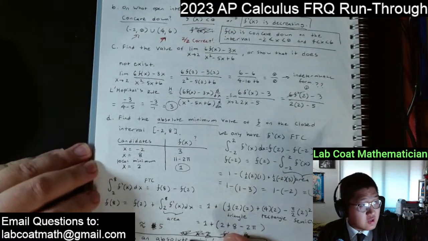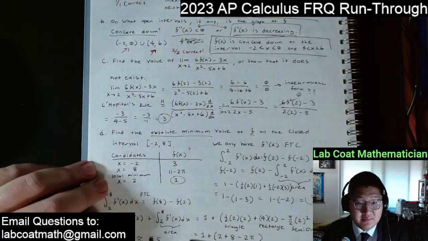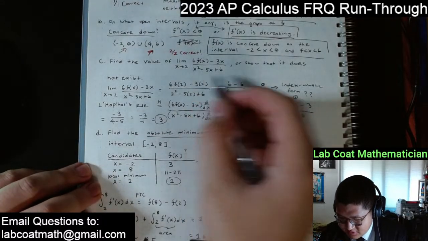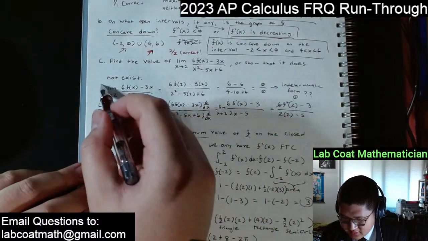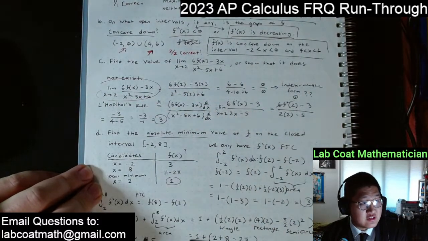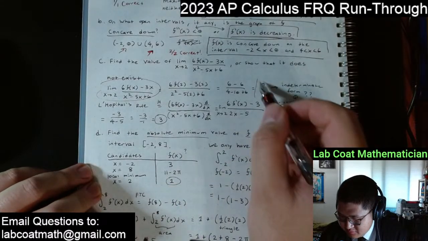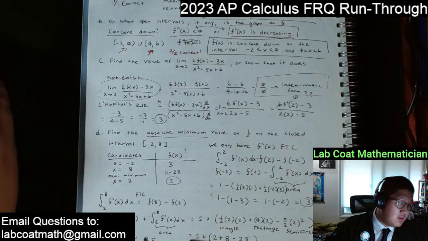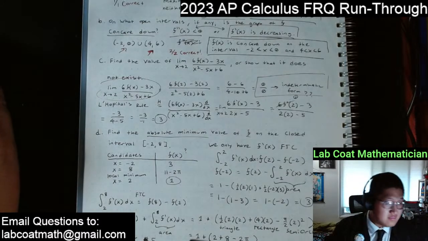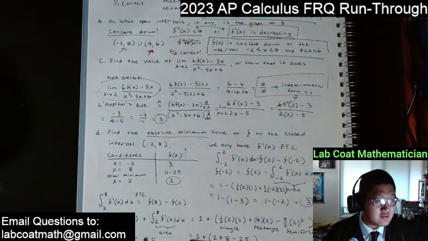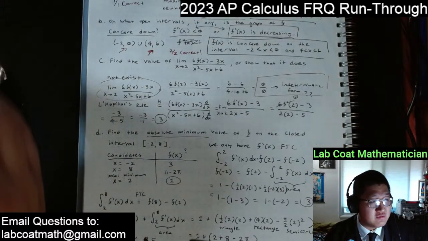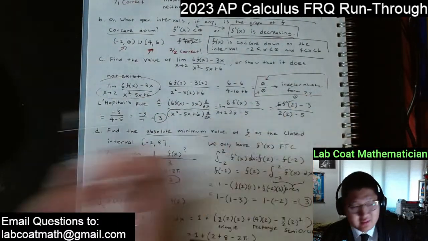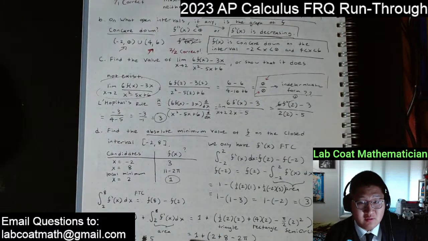Okay. Then going on to part C, we are doing a limit evaluation, right? Because we are taking a limit at 2, it is actually very important to run the limit one time to show that we are in the indeterminate form of 0 over 0, right?